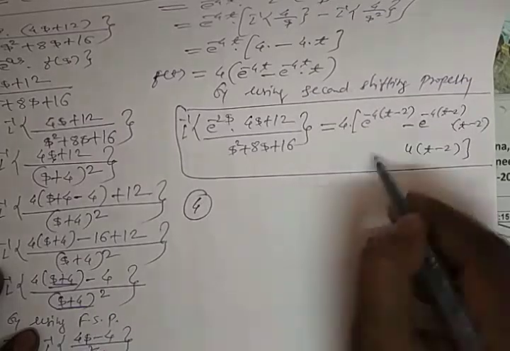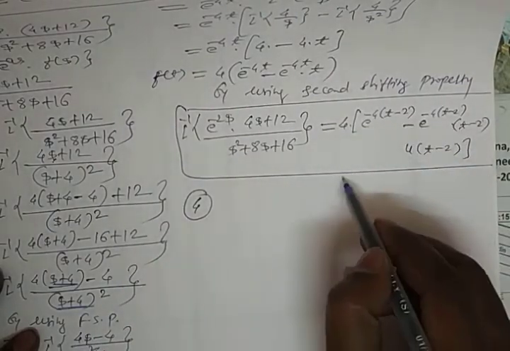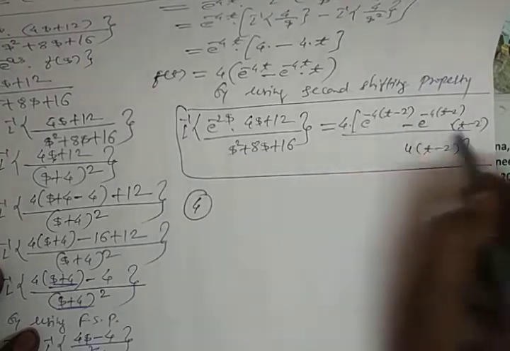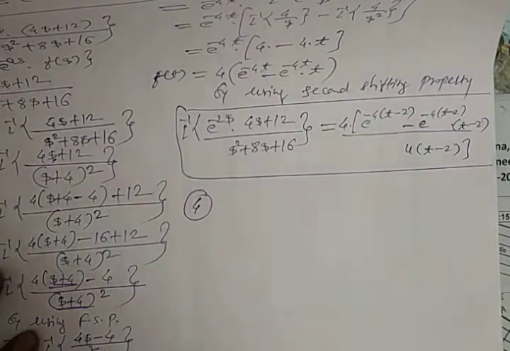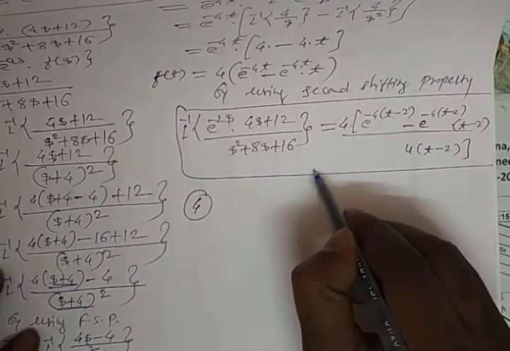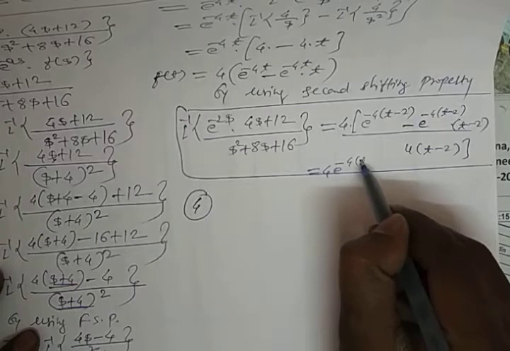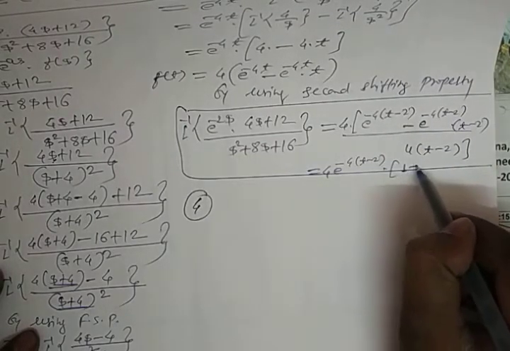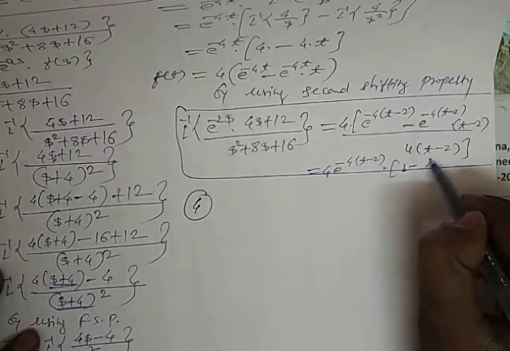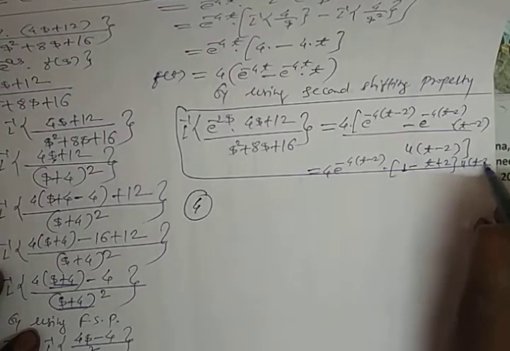Now one more thing, this particular thing can be simplified further. If you simplify this, you will get a simpler form of this example's answer. 4 e raised to minus 4 (t minus 2) can be taken outside. What we get here? 1 minus (t minus 2) into u of (t minus 2).